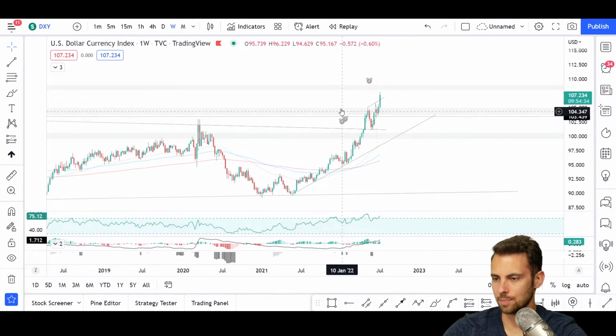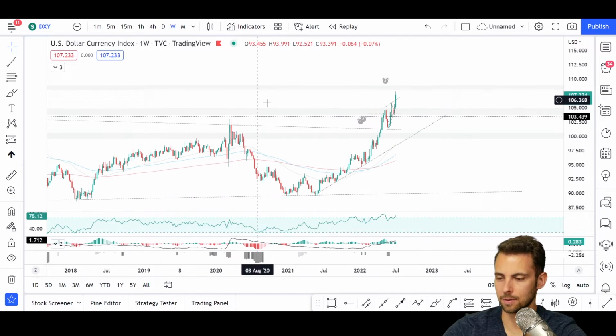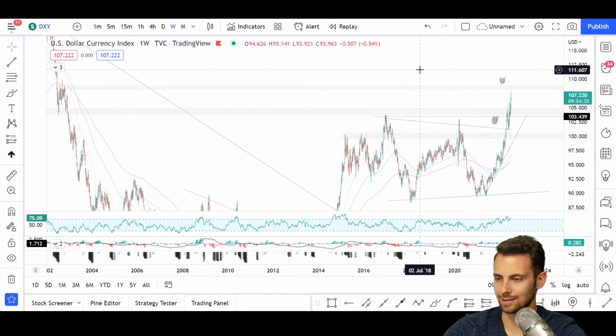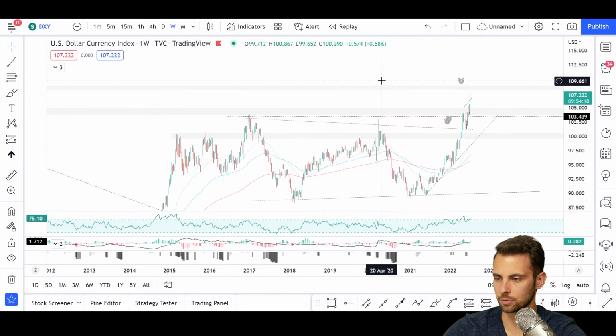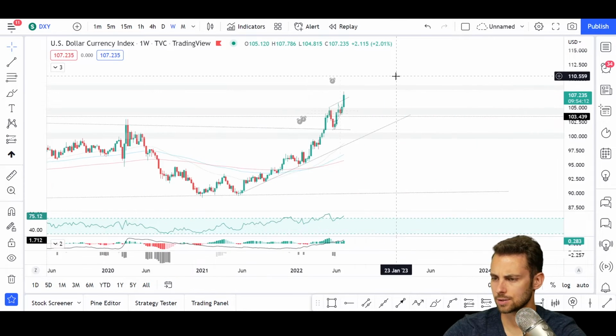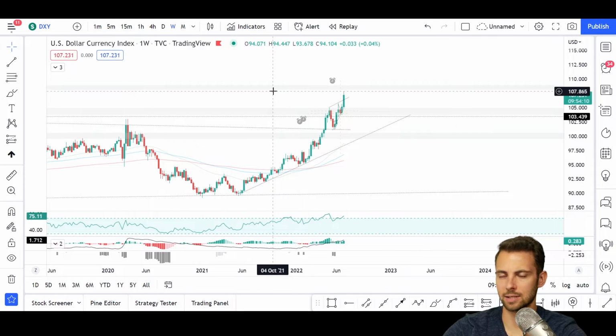It means we are speeding up this exponential move, and another area of importance will be between 108 and 110. So DXY is pointing that we are in a risk on environment.